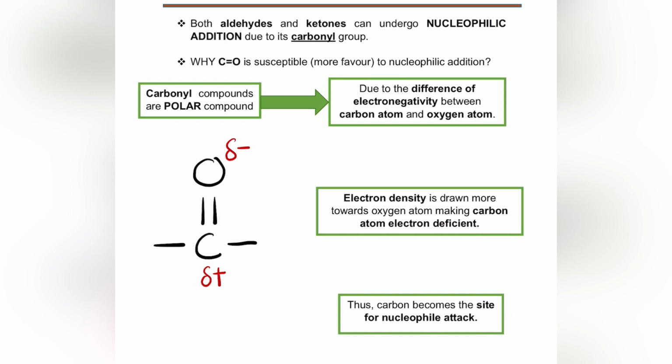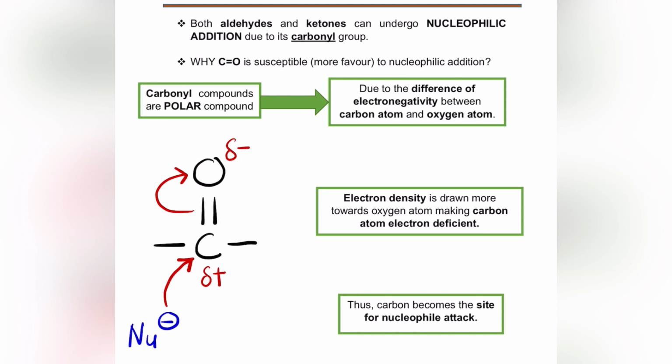Let's say I have a nucleophile with negative charge. It's going to attack from the nucleophile towards the carbon atom, and then this bond will be split towards oxygen. So you will have another arrow towards oxygen. This is how nucleophilic attack happens.